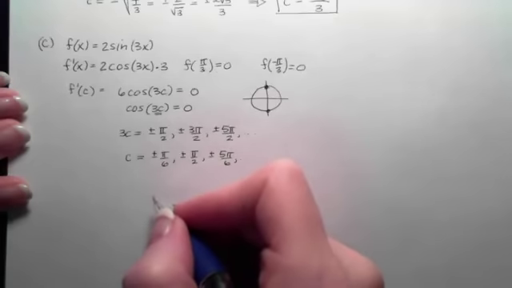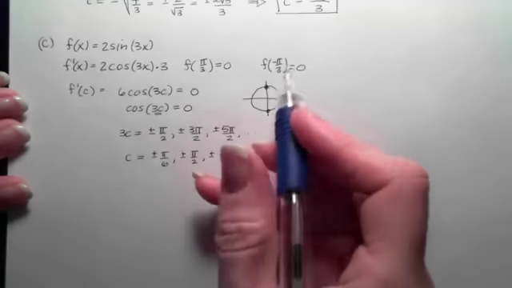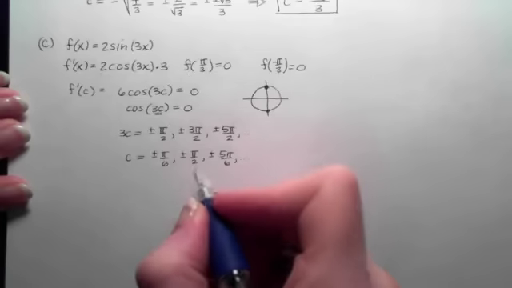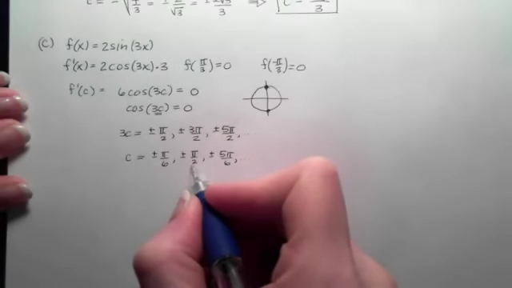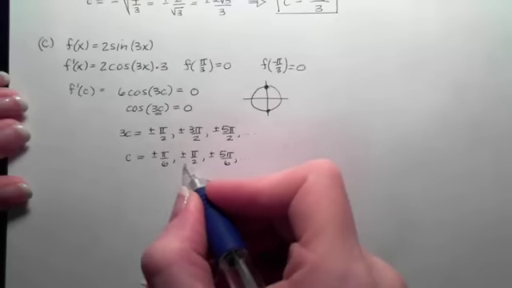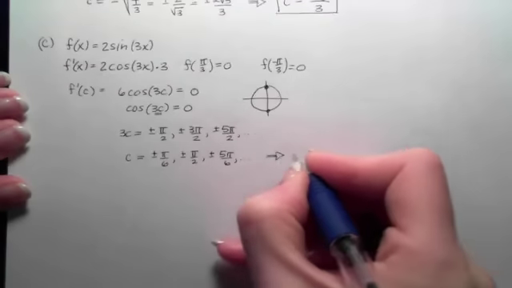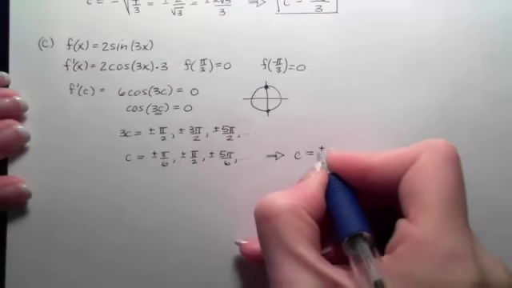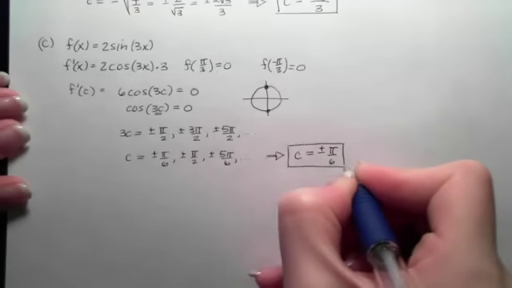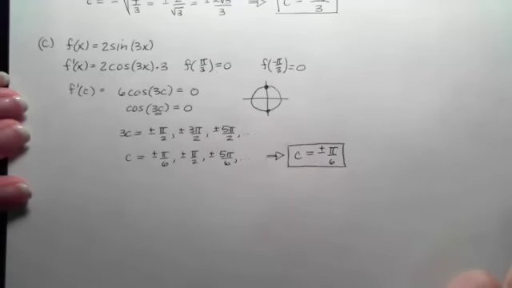My job is to find the ones that are in between negative pi over 3 and positive pi over 3. Well, pi over 2 is already outside the interval, as is negative pi over 2, so we're not going to use any of these ones. We're actually only going to have the plus or minus pi over 6 guaranteed to us by the mean value theorem.